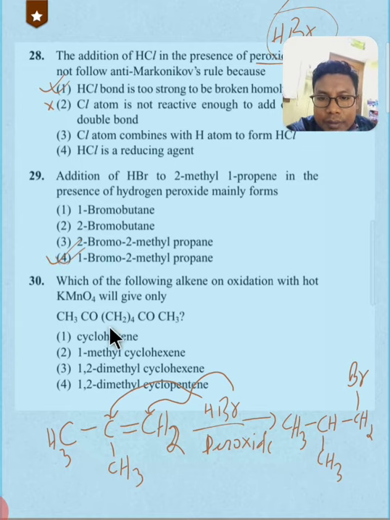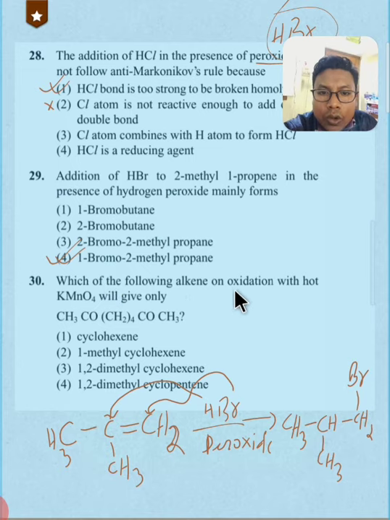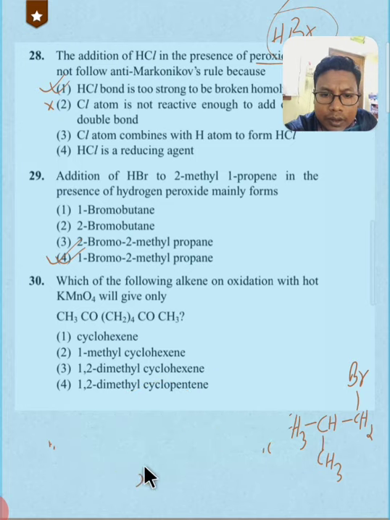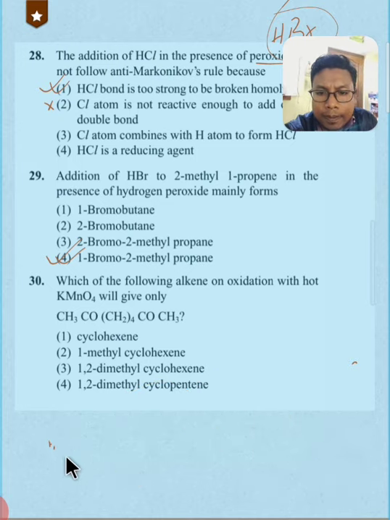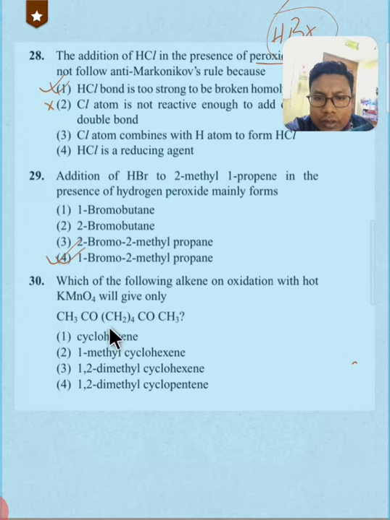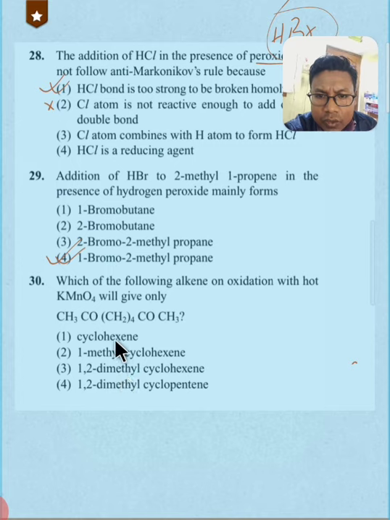Okay, let me go to the next question. Which of the following alkenes on oxidation with hot KMnO4 will give only this as the product, right? For solving this question, I need to rough this one. Now hot KMnO4 is similar to ozonolysis reaction.